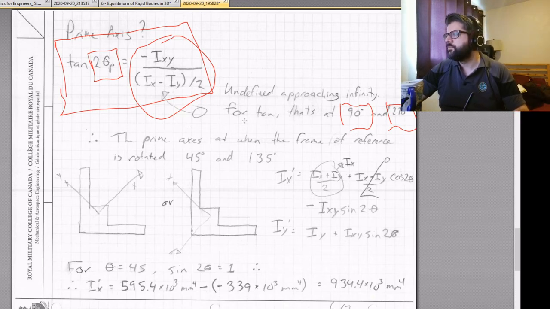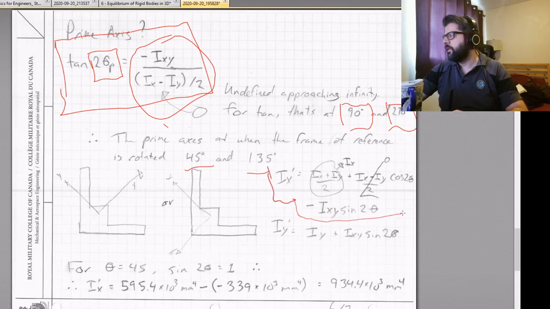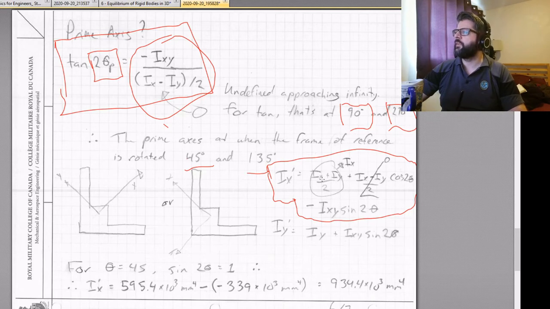Now that we know how much we're going to be rotating, we can find out what effect that has on our Ix and our Iy. We have this formula from our textbook, and we simplified it a little bit. Ix plus Iy over 2 is just equal to Ix when Ix is equal to Iy. This term zeroes out, so we're not worried about it, which means the cosine 2 theta goes away.